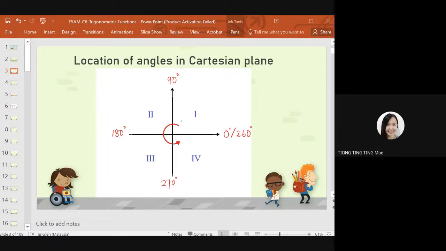Then this direction, let's say you have an angle here, you have to start from this point. You have to measure from this point. This one we call clockwise or anti-clockwise direction. This one is anti-clockwise.